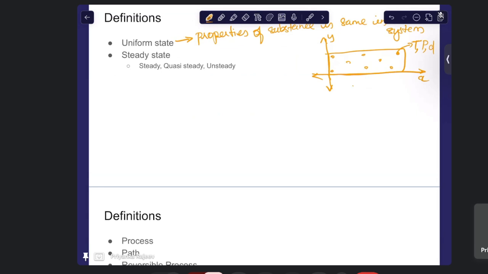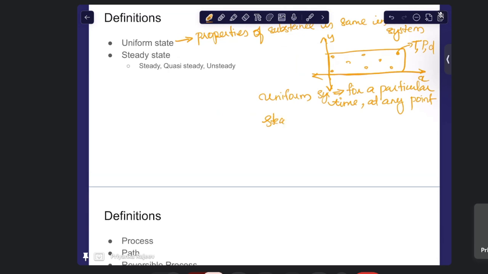At any position, for a particular time, if I'm measuring at any point, then that is a uniform system. Okay, uniform system for a particular time at any point.